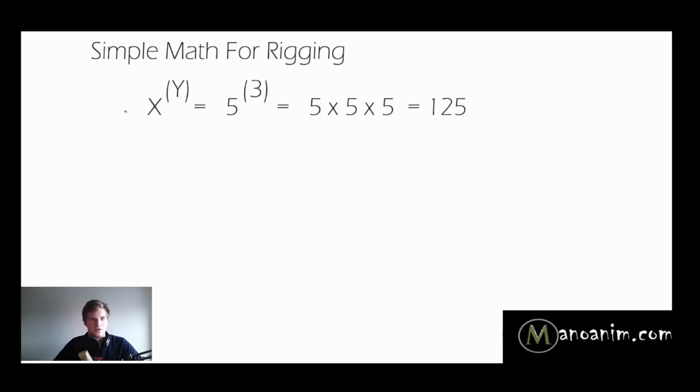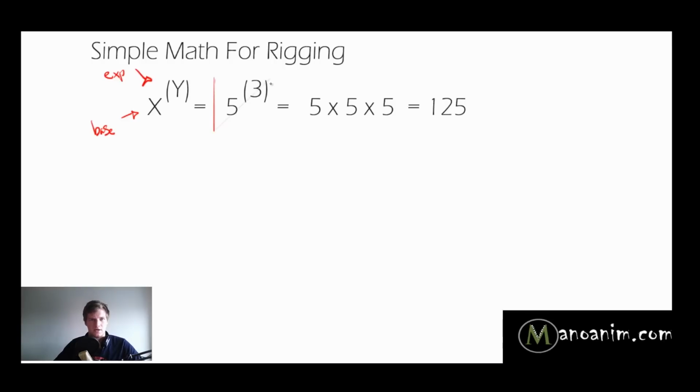So in this case we're going to understand a little bit of power math, and this is the basics of it. First off, here we've got a base, and this is an exponent. I can show an example here.